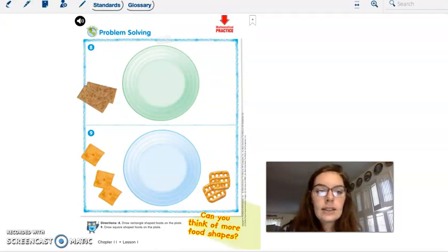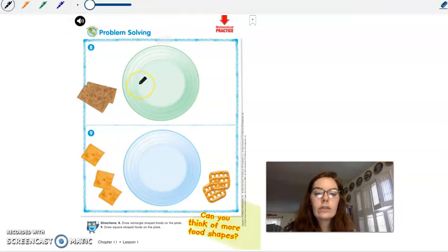All right. Let's look at number 8. We're going to draw rectangle-shaped foods on the plate. What can you think of as a rectangle-shaped food? I can think of one. The pizza. The breakfasts that we get sometimes are rectangles, and they have the little sausages.